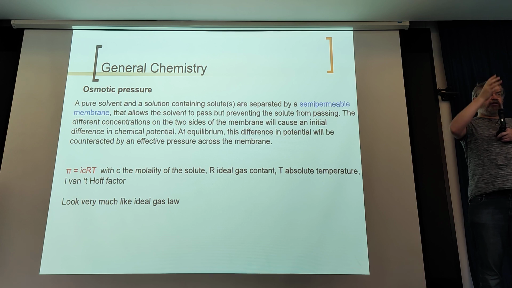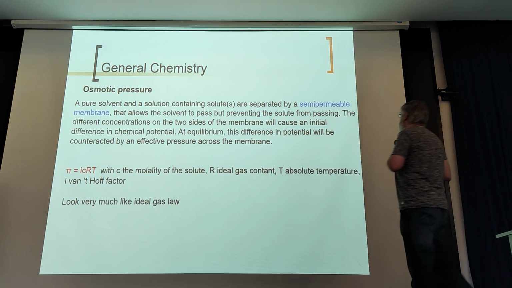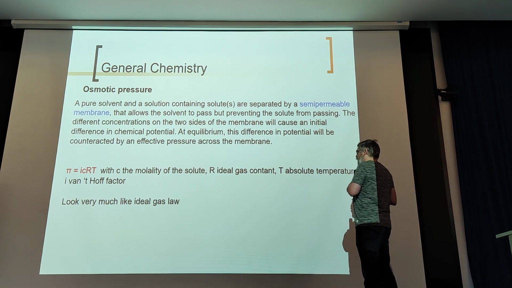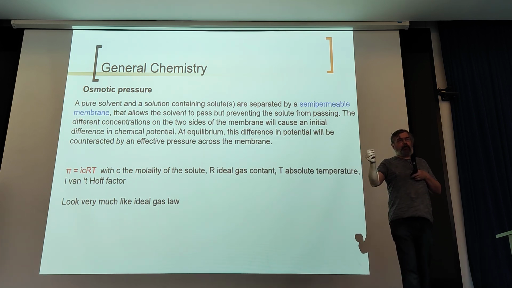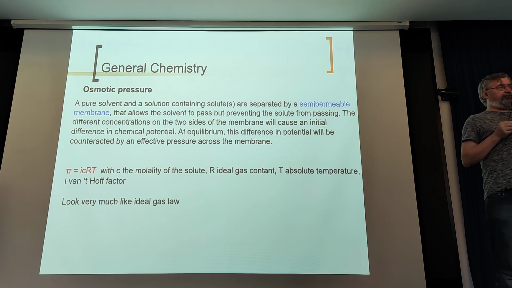Now, a membrane could be some polymer, or it could be some organic molecules. What this membrane does is it is, let's say, permeable, and by that we mean molecules can move from one side to the other, but not all molecules. Small molecules, like the solvent, can move, but the solute molecules, they cannot move, they stay behind.